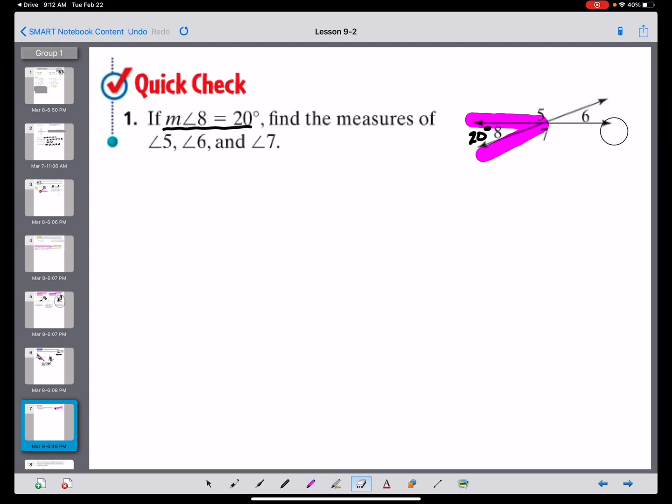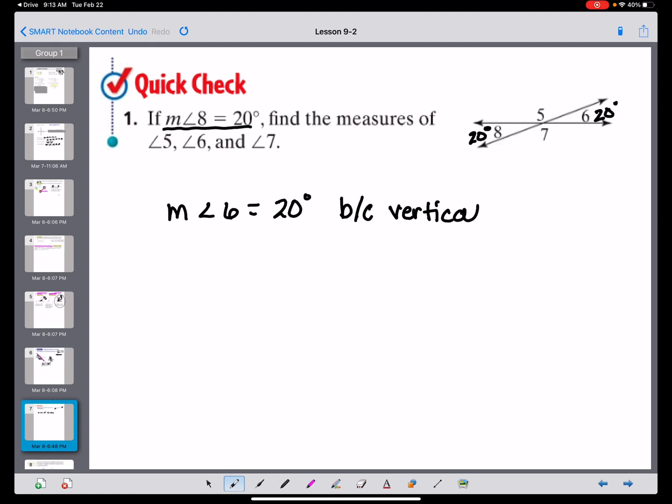And we know that vertical angles are equal. So the first one I'm going to label is this one because it's opposite. The measure of angle 6 equals 20 degrees. How do I know? Because they are vertical angles. Vertical angles, and I'm actually going to use the congruent sign, which looks like this. This means congruent.